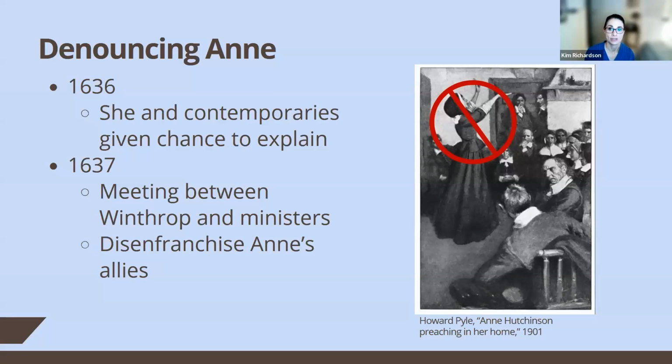But in 1637, it becomes obvious to the leadership that she's not going to stop and they're going to have to do something. And so they come to this consensus that they've got to put a stop to this. They have got to make sure this colony survives, and they see that her group, the people who are with her, are going to start to really cause some problems and fracture off.